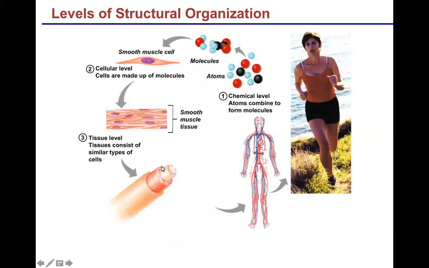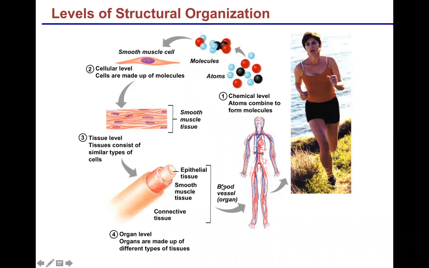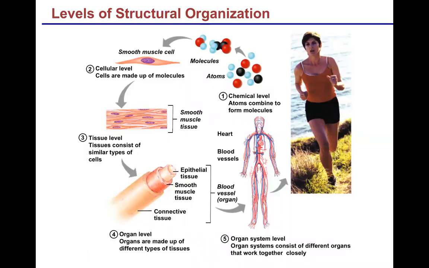These smooth muscle tissues in turn form an organ known as the blood vessel. Not only is the smooth muscle tissue involved, the epithelial tissue and the connective tissue are involved too. All such tissues join together to form what is called the blood vessel. Then the blood vessels, together with the heart, form a system known as the cardiovascular system.